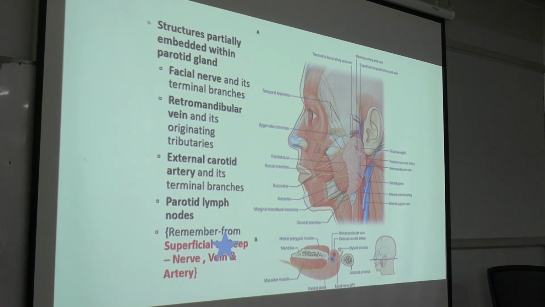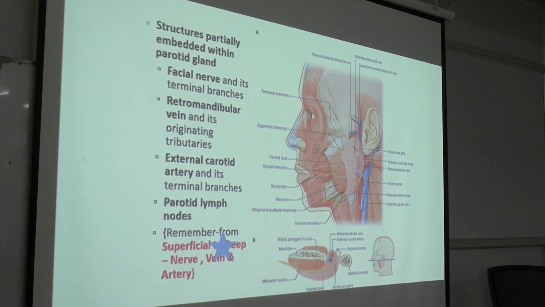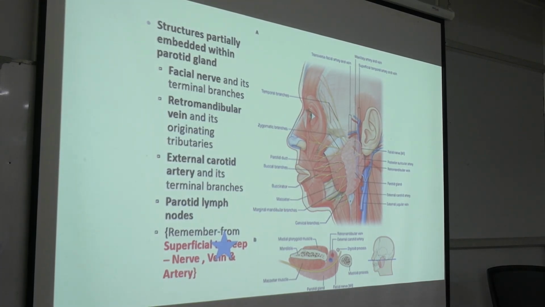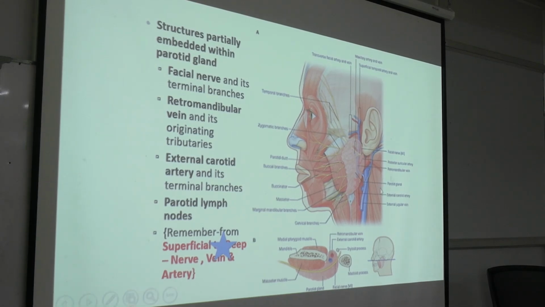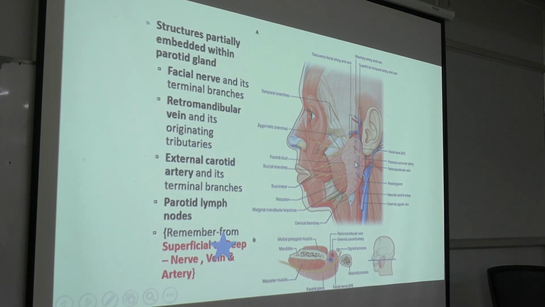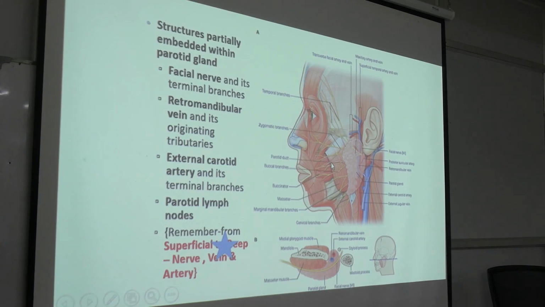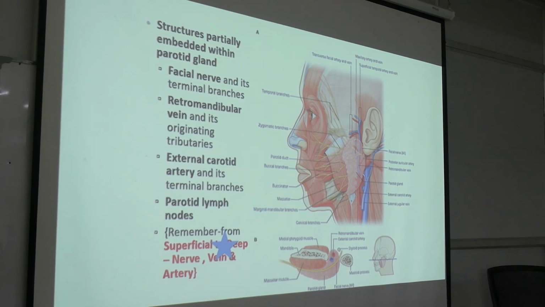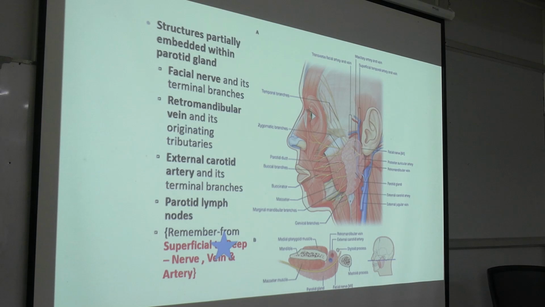The superficial part is superficial to the skin, and the deep part lies posterior to the ramus of the mandible, deep to the masseter. The parotid gland rests on the masseter muscle, and deep to that we have the buccinator. The parotid gland has a duct which crosses the masseter, then runs obliquely, pierces the buccopharyngeal fascia and then pierces the buccinator muscle, and opens into the vestibule of the mouth, opposite the crown of the second molar upper tooth. That opening is an important landmark, and we understand why.